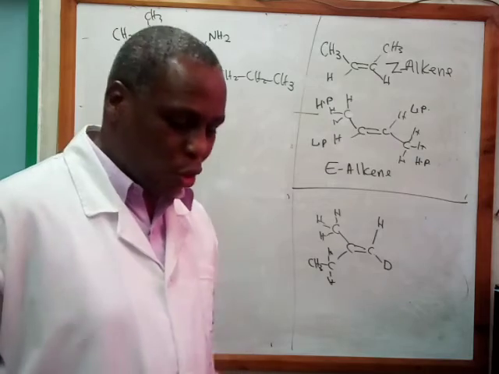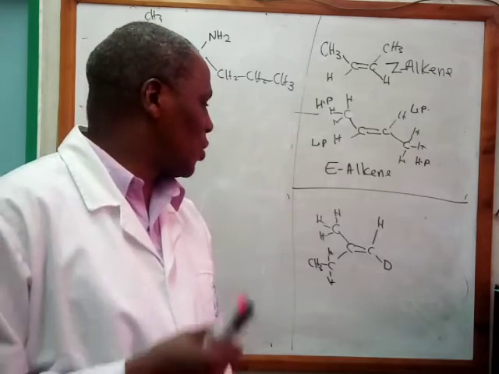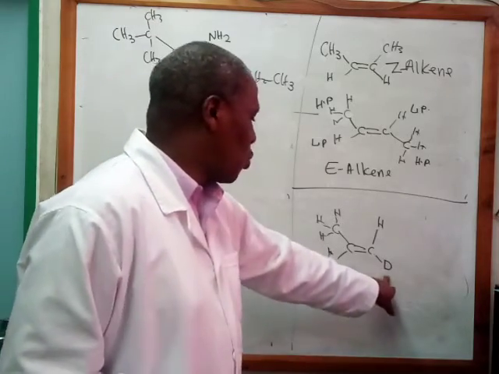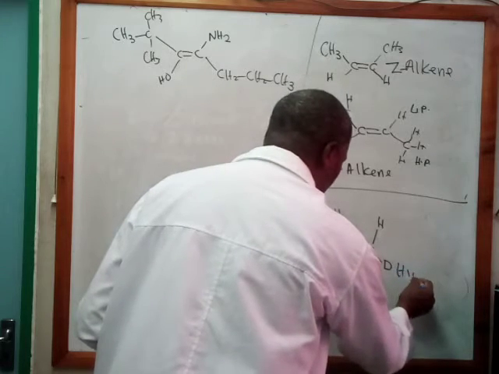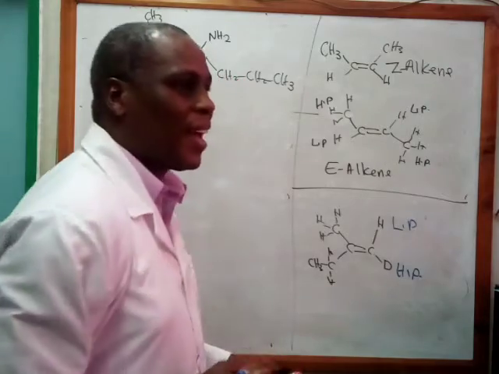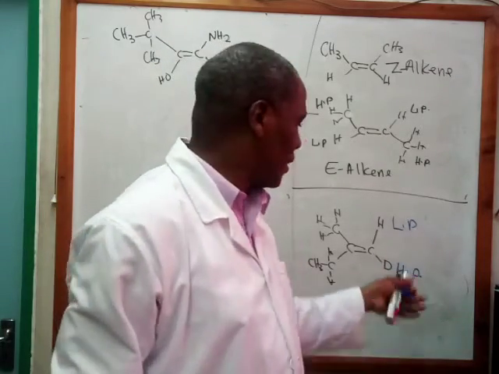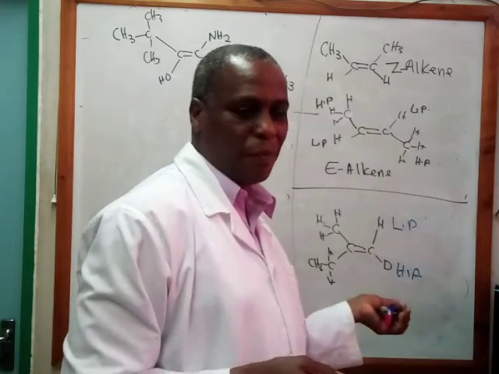So the isotope with the higher atomic mass is going to be said to be high priority. So deuterium will be high priority. Hydrogen will be low priority. Can you see that? The higher atomic mass for the same element means it's higher priority.